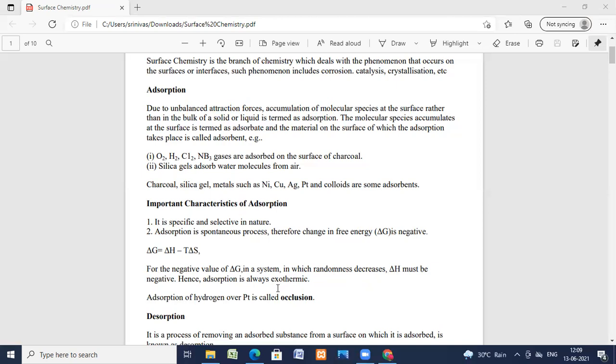So this adsorption process is a specific one, it is selective in nature, and it is a spontaneous process. The change in free energy is negative.